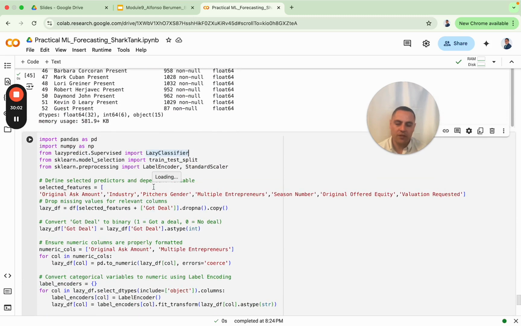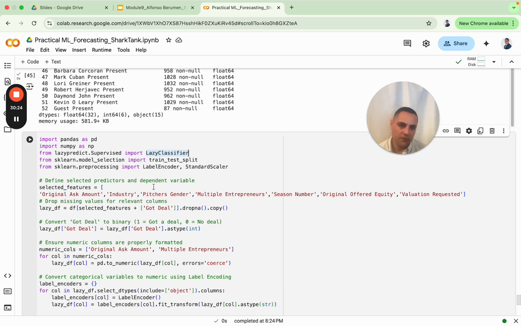There are a number of AutoML packages. I'm using lazy classifier, a sub library, but you can also use lazy regressor if you have a regression problem. So I could also apply this to the regression problem and use lazy regressor.